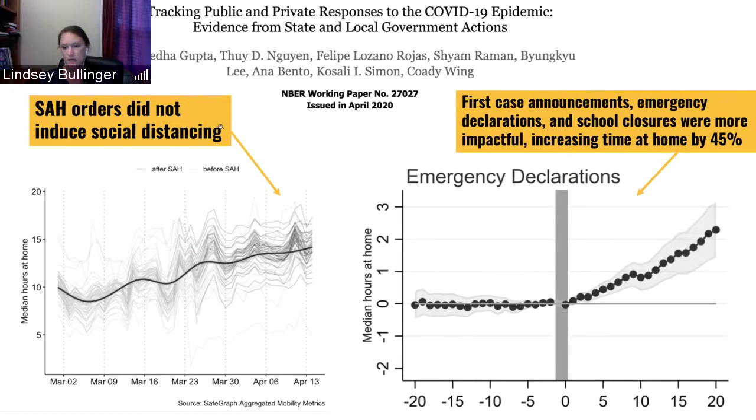This figure on the right shows that emergency declarations had no effects before they were implemented, but after they went into effect, they started to increase the amount of time that people spent at home by about 45%. This is in contrast to the stay-at-home orders, which did not necessarily induce social distancing quite as well.